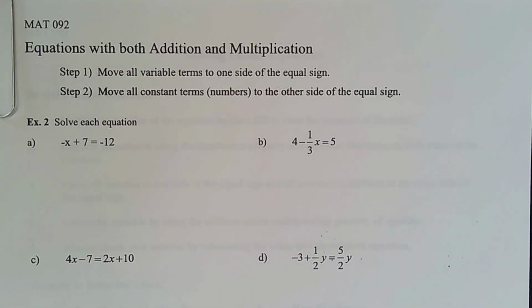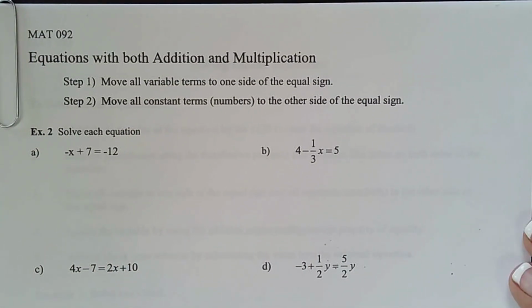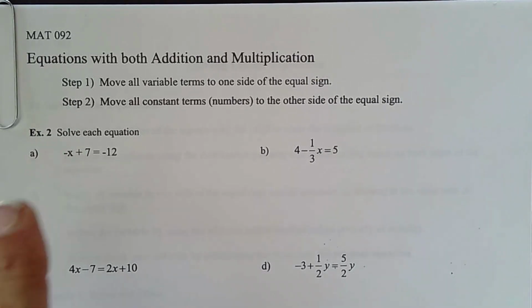So now we're combining. There's going to be addition and subtraction. Then there's going to be multiplication or division. And then there's going to be x's on both sides of the equal sign. So they're moving us up the ladder into harder problems. So this is a combination of both addition, subtraction, multiplication, and division.